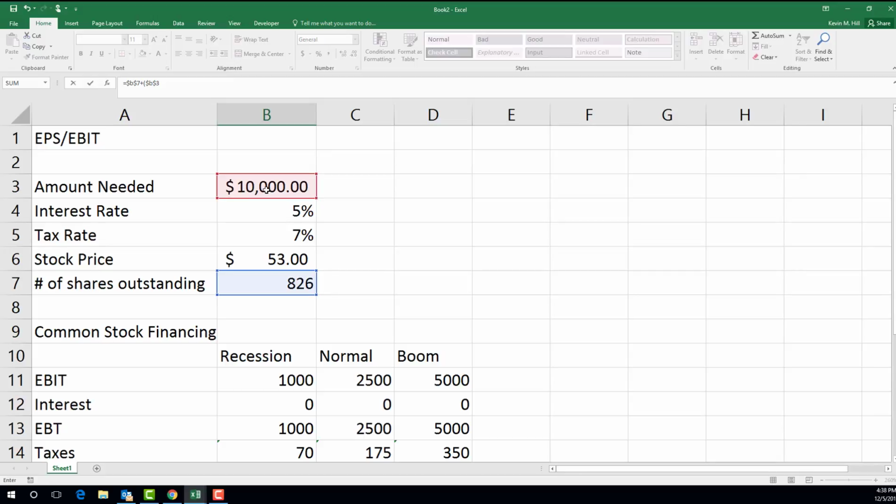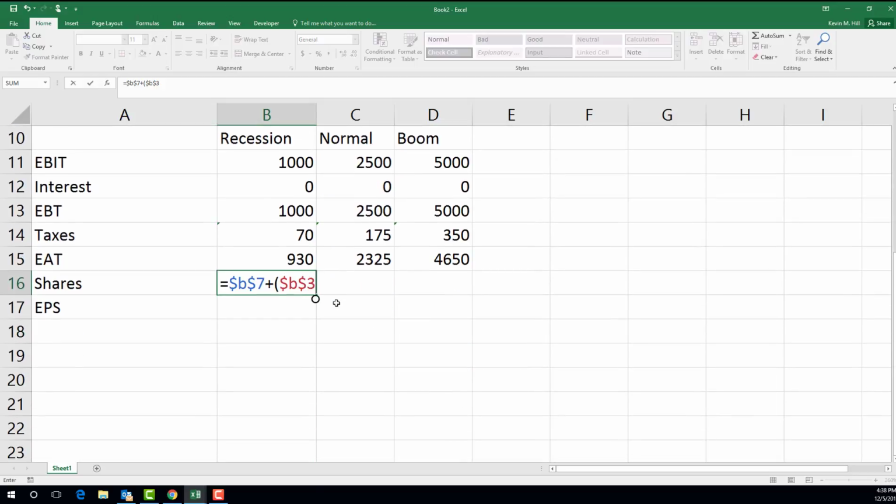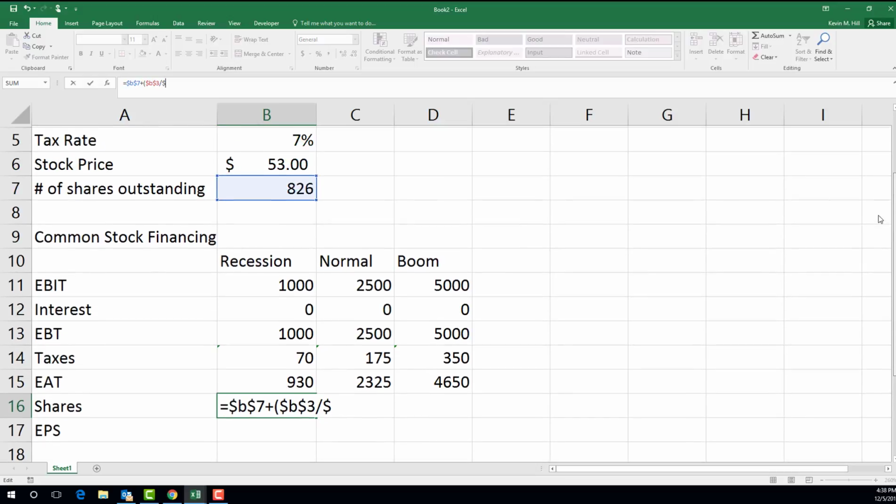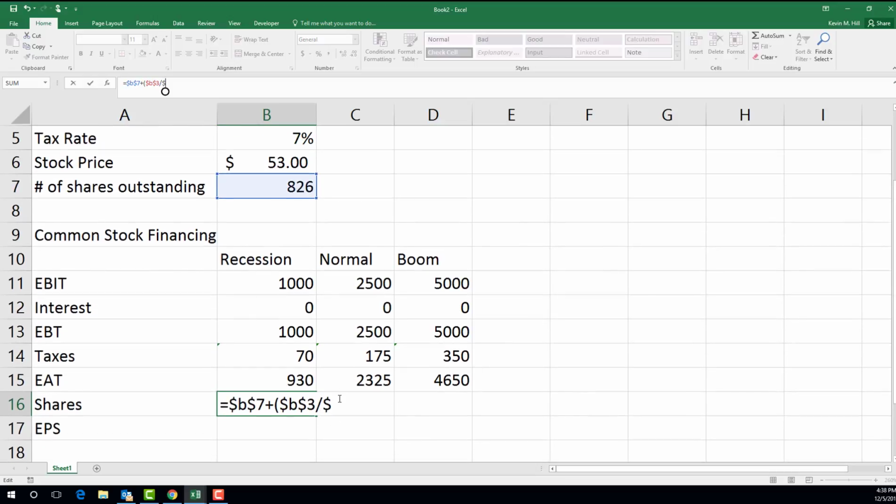And then I'm going to divide that, because that's how much money I need to come up with, by the share price, $B$6.